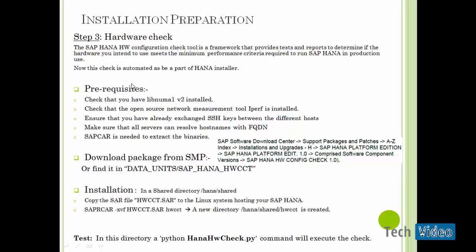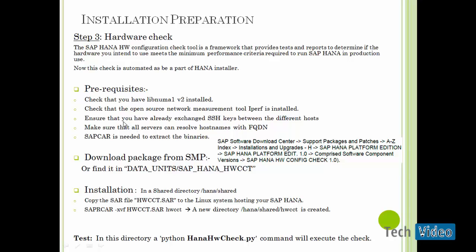Before we run this configuration check tool, there are certain recommended prerequisites that must be present. First, we must make sure we have the library libnuma1 version 2 installed on the server already. Second, we should make sure the open source network measurement tool IPERF is already installed.